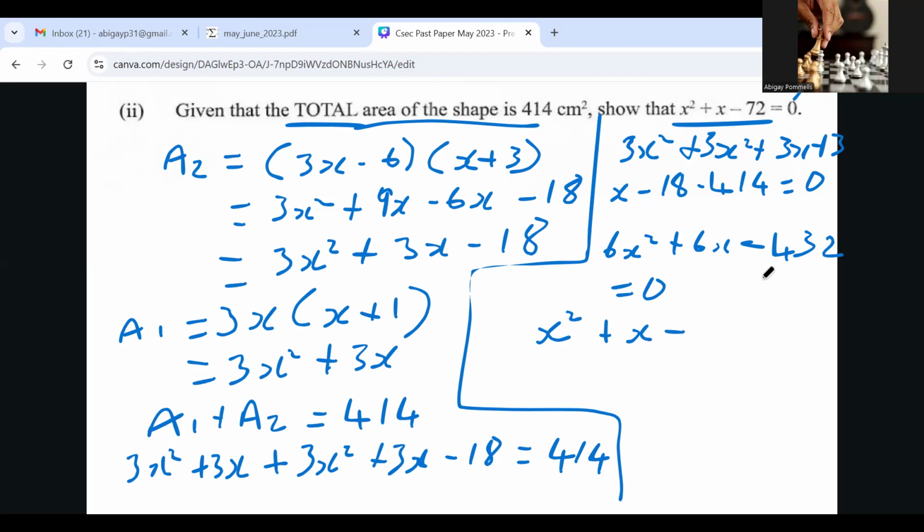And let us see if 6 can divide into 432. Oh, and there we go. We get back 72. So everything comes back and leads back to this answer here. Good. That's not bad.